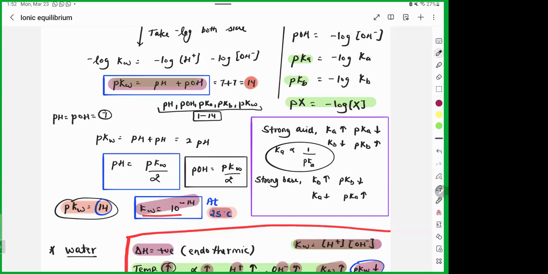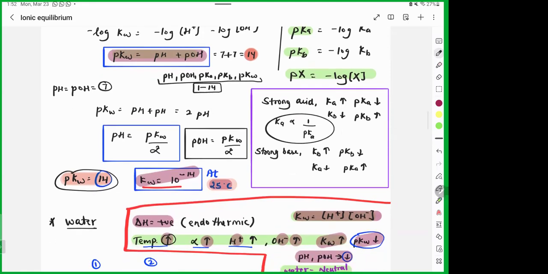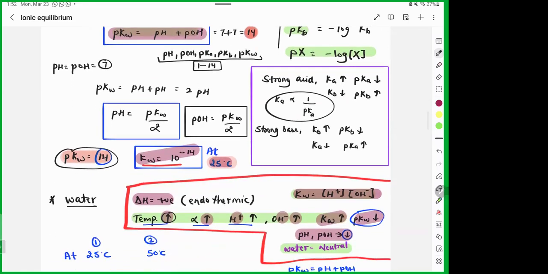And if you use H positive, OH negative, Ka, Kb, Kw, those values will be in the form of 10 raised to a power. Understood?